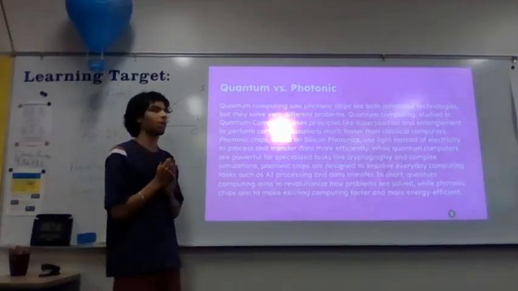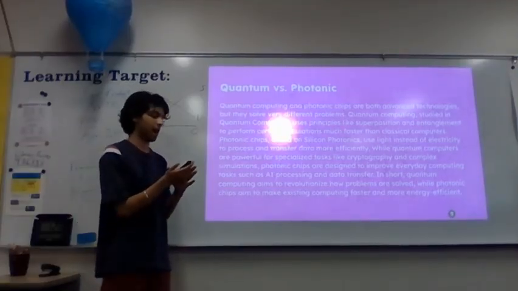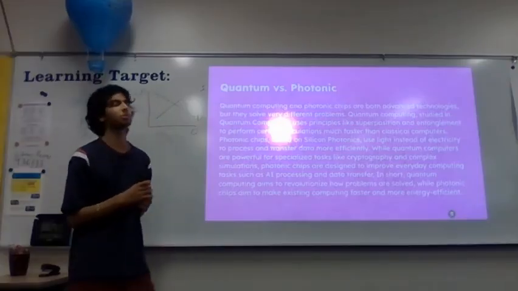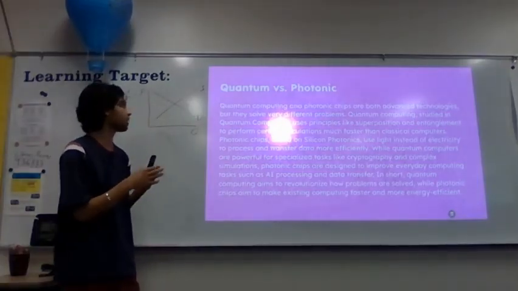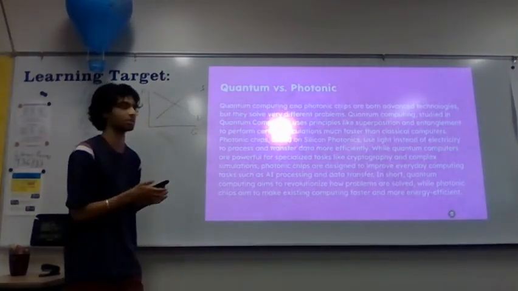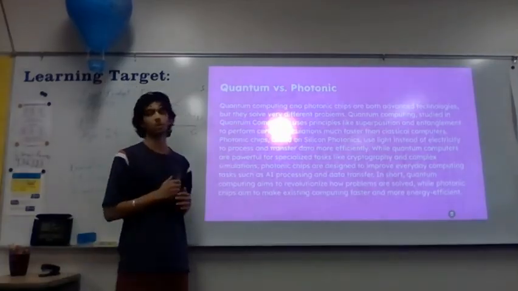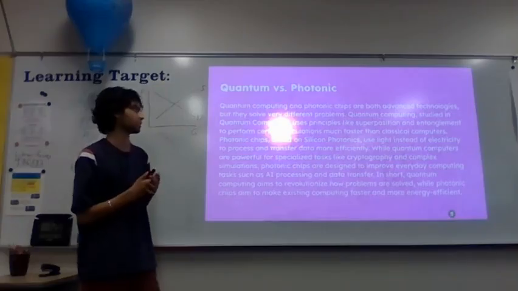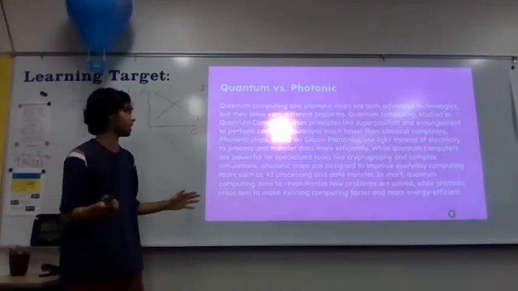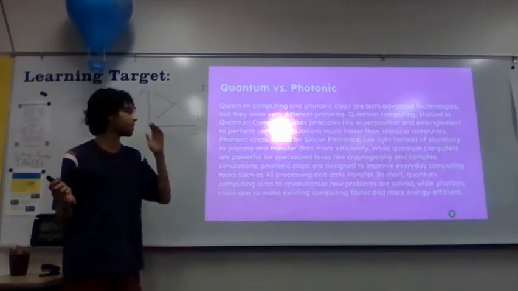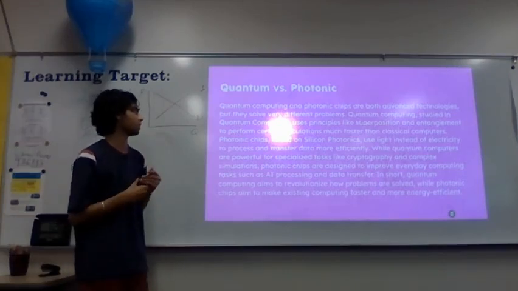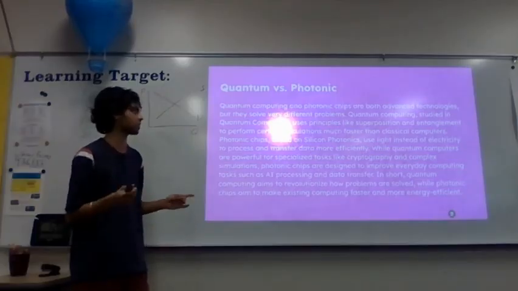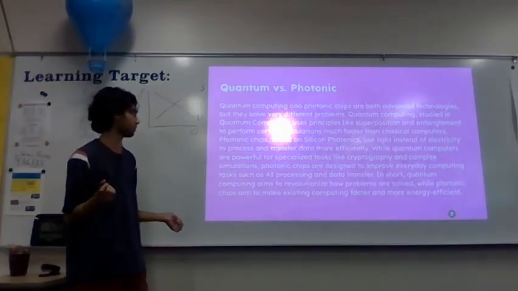The debate between quantum chips and photonics. I thought photonics are pretty cool, but I know that everyone is talking about quantum chips. So what exactly is the difference between quantum chips and photonic chips? Quantum computing and photonic chips are both very advanced technologies, but they solve different problems. Quantum computing uses principles like superposition and entanglement to perform certain calculations much faster than classical computers.